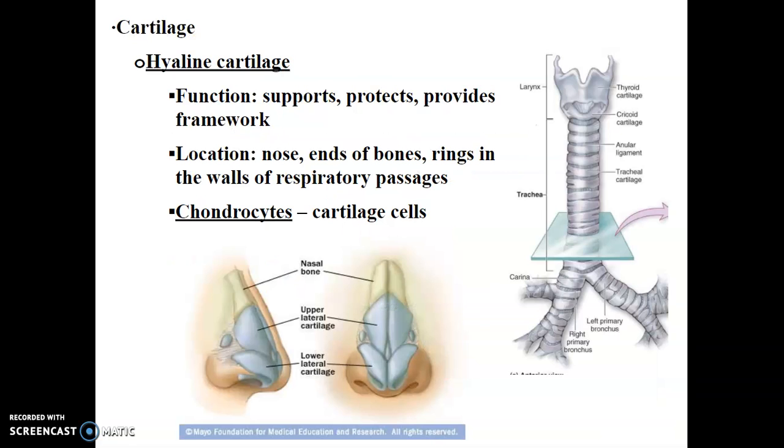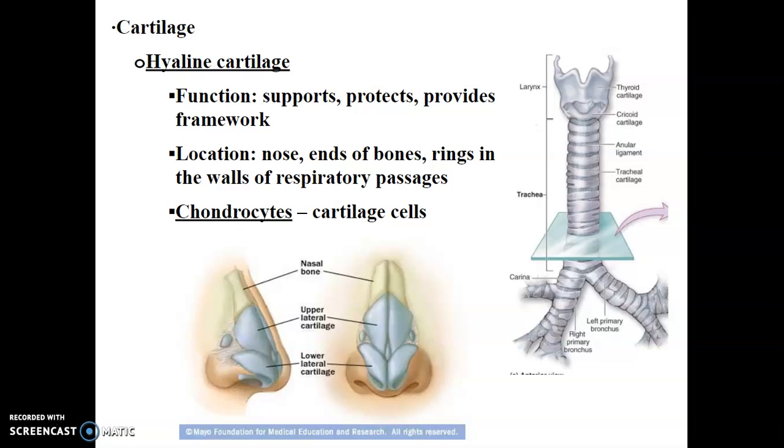All right, so looking at the next type of connective tissue, this one has multiple subcategories, if you want to think of it like that. Cartilage. There's a lot of collagen fibers. We talked about the extracellular matrix a little bit right in that first slide. Cartilage has a lot of collagen in it. The first type of cartilage that we're going to look at is hyaline cartilage.